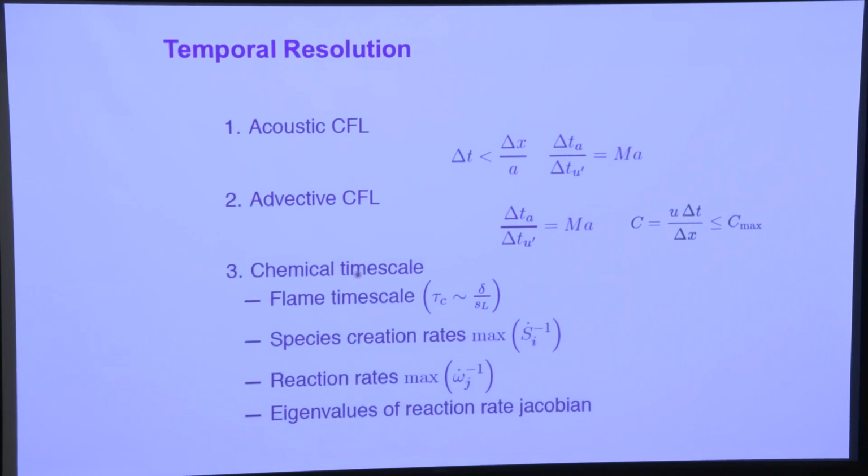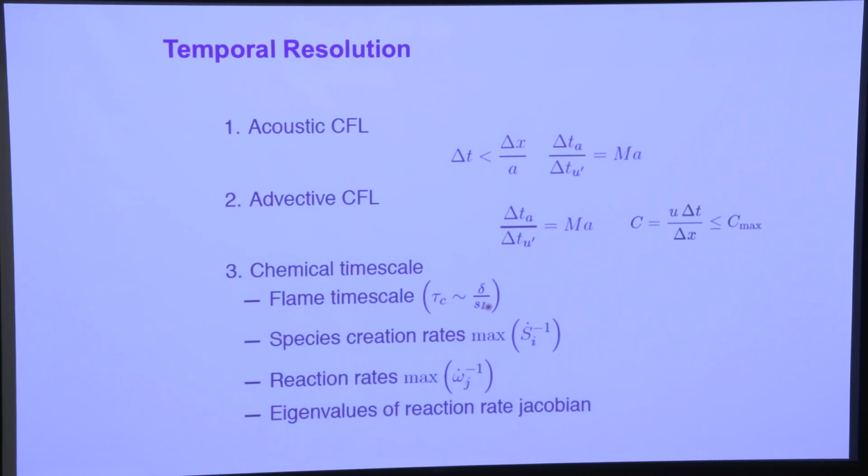On top of that, you have to resolve your flame timescales or ignition chemical timescales. And so flame timescales typically scale with the thickness of the flame divided by the laminar burning velocity in a premixed flame. Or alternatively, you can define a chemical time scale based on the maximum reaction rate or maximum species production rate, inverse of those two quantities, or based on the eigenvalues of a reaction rate Jacobian.